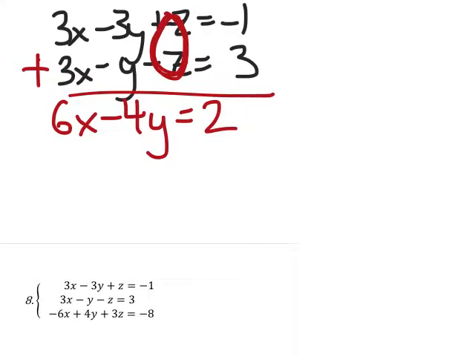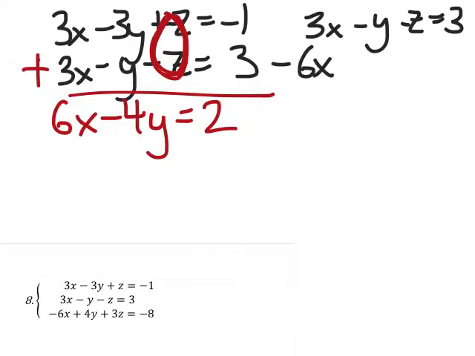So now that I've used the top two, I've got to use one of those two, and I will choose the bottom one. So I got a 3x minus y minus z equals 3. And I've got that bottom equation, so I'm using these two, the middle equation and the bottom one.